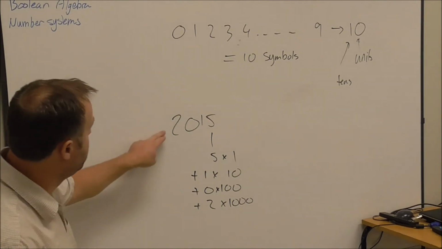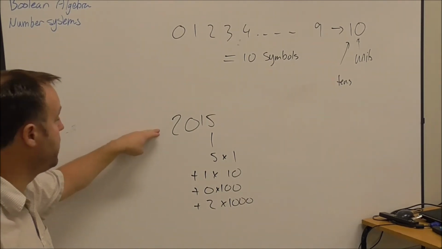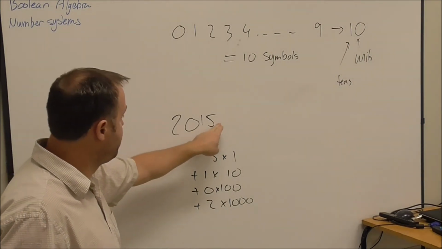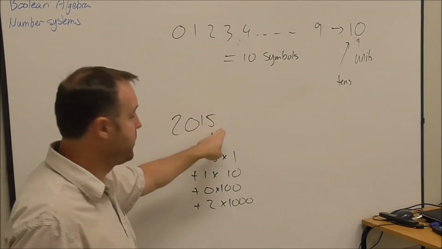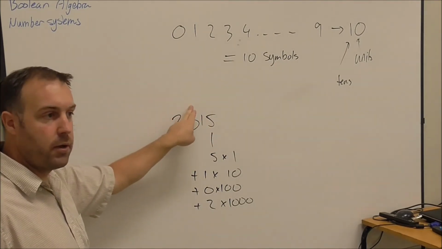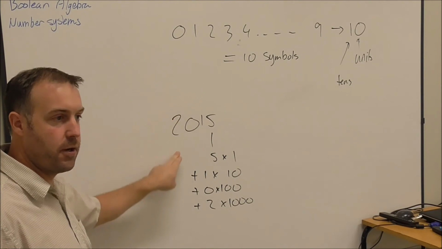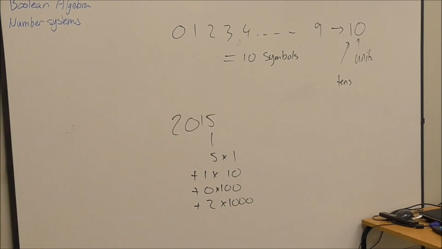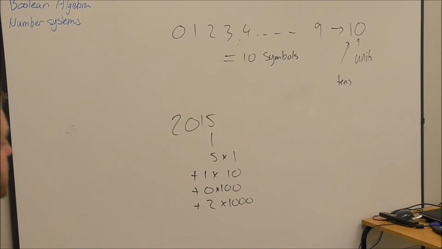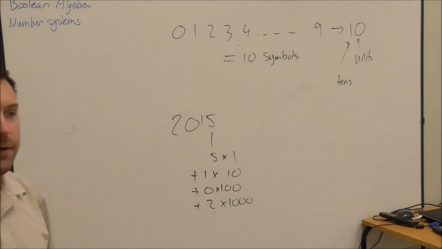Okay? So the number 2015, I can add my units times that digit, tens times that digit, hundreds times that digit, and thousands times that digit. Okay, and if I do that, I get the number 2015. But breaking it down, this is how it works.